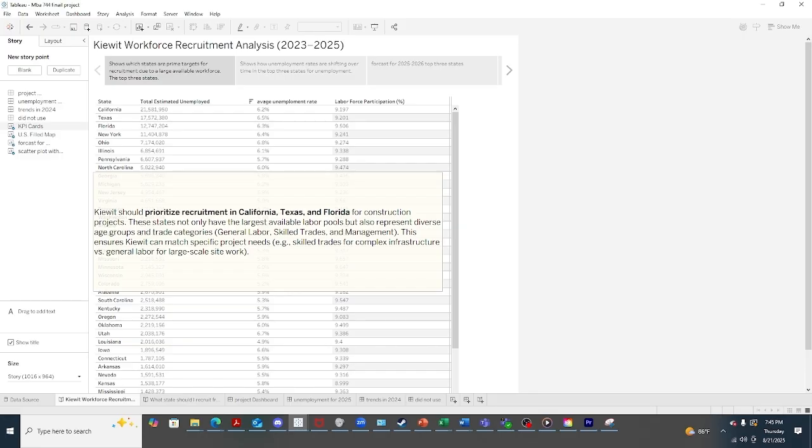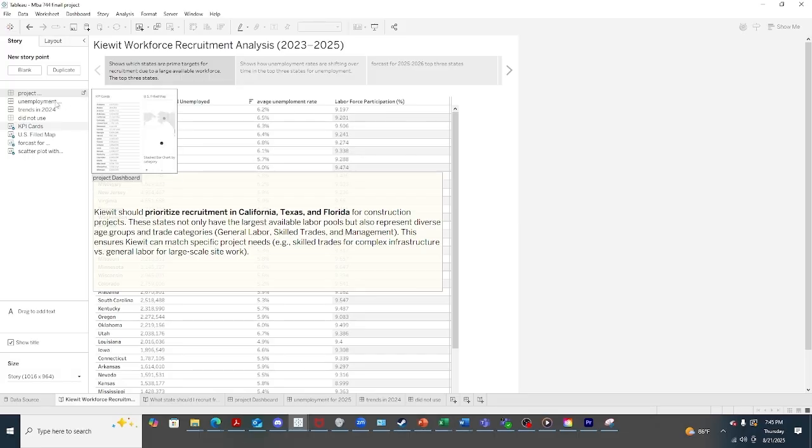With my visualizations, first I'm going to start with my KPI card. This is showing the total unemployment rate and participation rate. This KPI sets the foundation for identifying recruitment opportunities. For example, Texas shows both a large unemployed population and a high labor participation rate, making it a strong candidate.